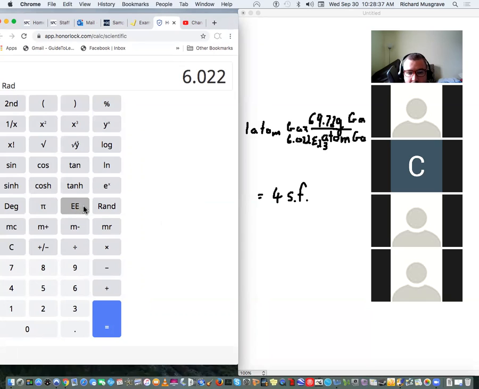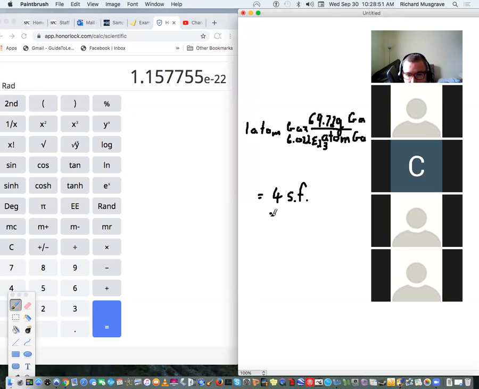You'll notice it gets dark gray, which means it's active. And then you hit 23. And then you hit equals. And that'll give you the correct answer. Now this is going to be 4 significant figures. So what I would do is I would write 1.158 E negative 22 grams of Ga would be the final answer there.